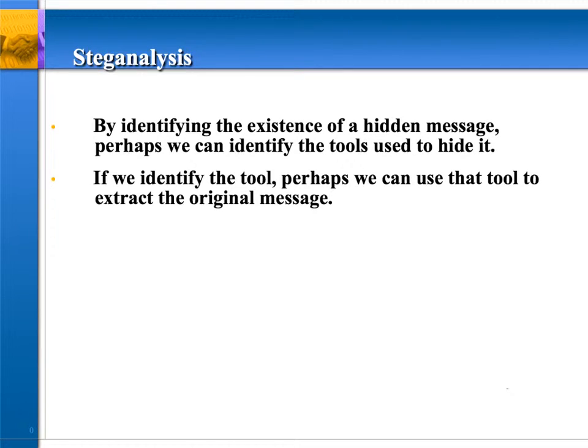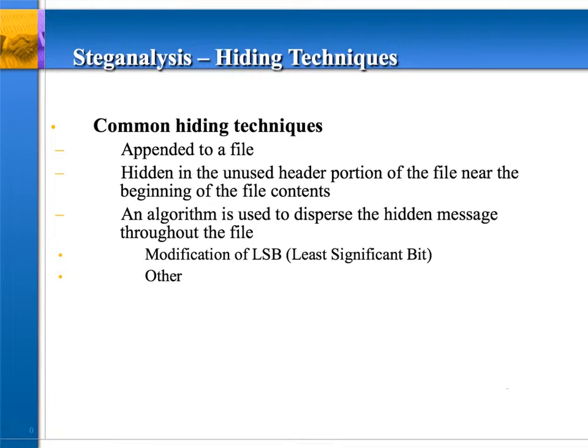Programs will generally insert something into a file when they've edited that file. That makes sense? And so by identifying the tool, you can perhaps then take that tool and extract the message. Now granted, you'd have to guess the password or hack the password, but it is possible to do. Not impossible, but possible. It might take a while, but you can do it.